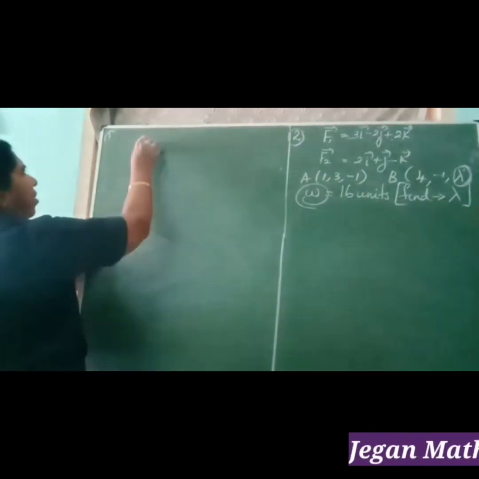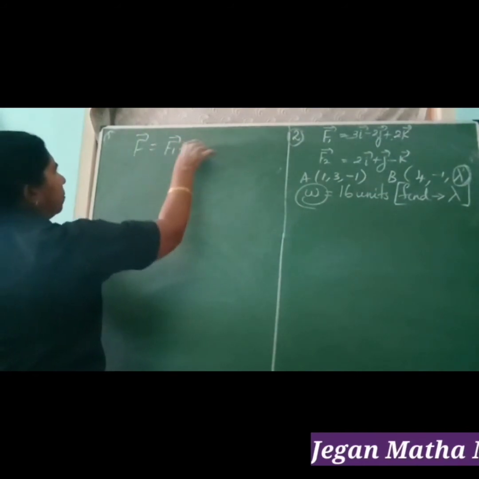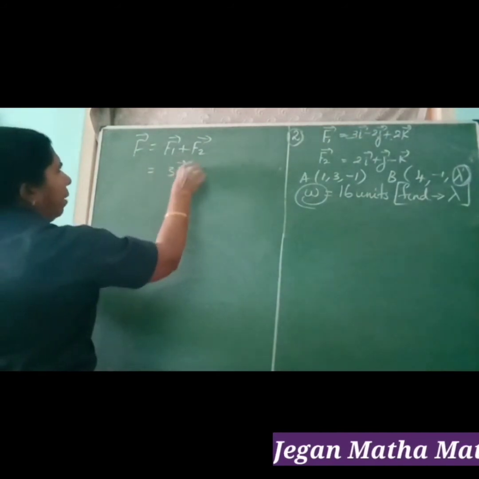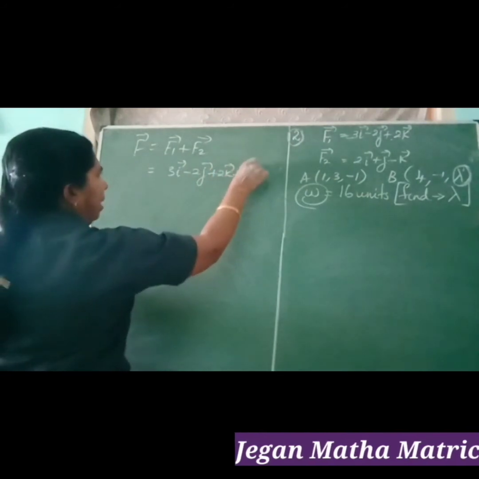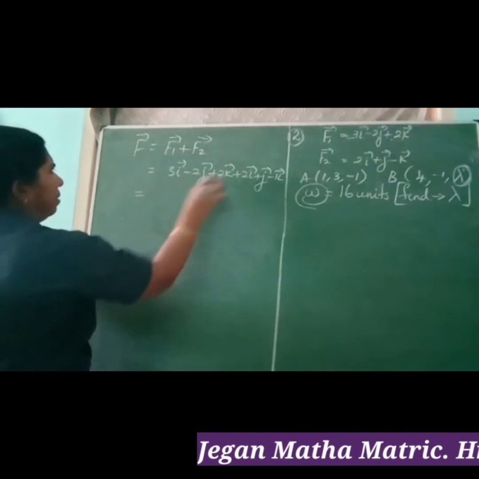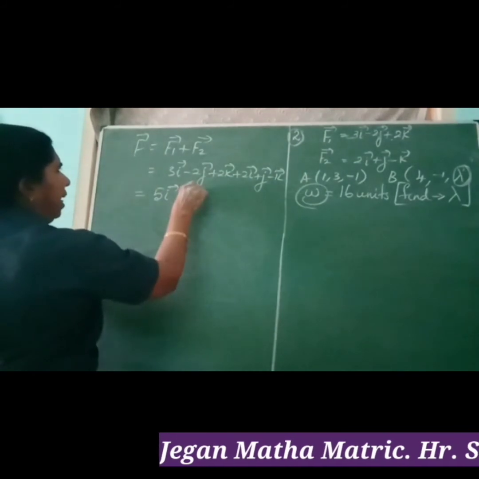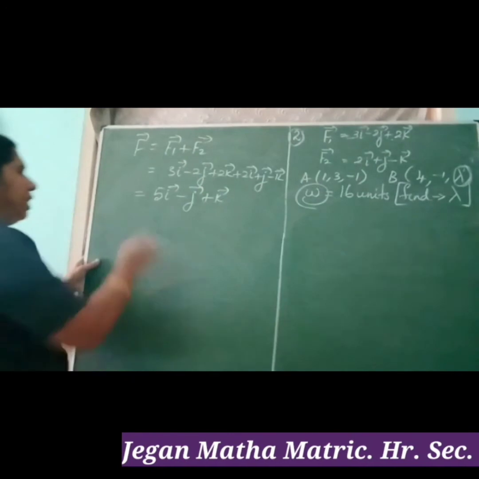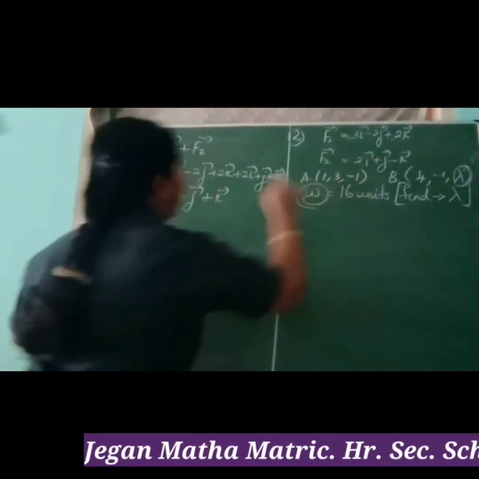So first you can find out the total force F equal to F1 plus F2, which is equal to 3i minus 2j plus 2k plus 2i plus j minus k. When you combine together you will get 5i minus j plus k. Then displacement D is equal to, I told you, always ending point minus initial point.